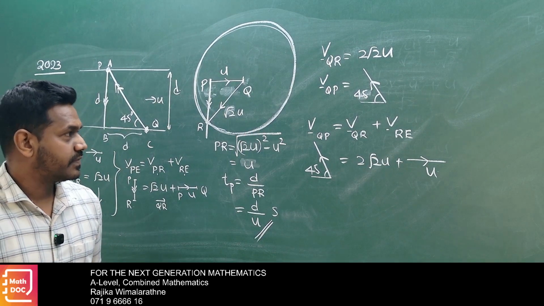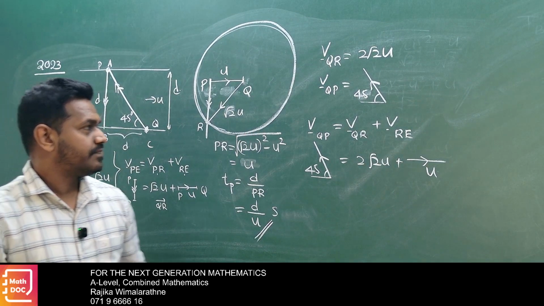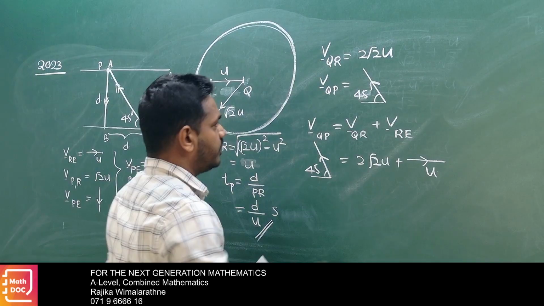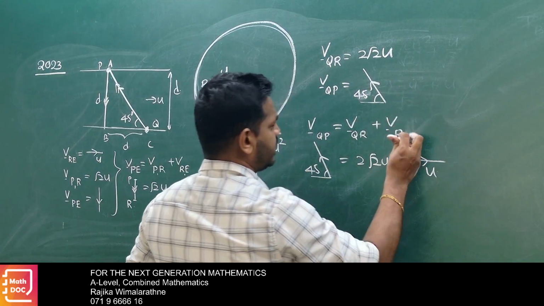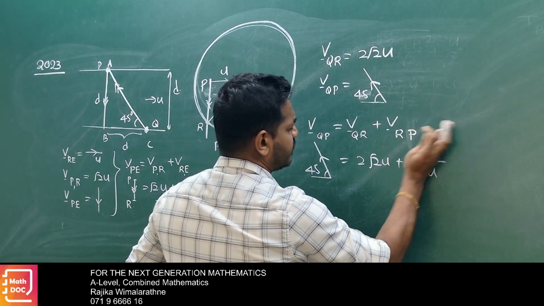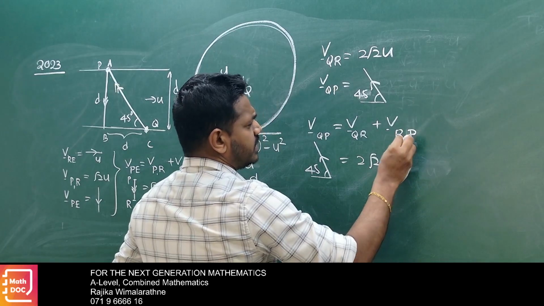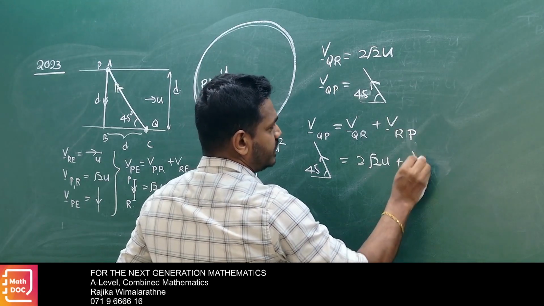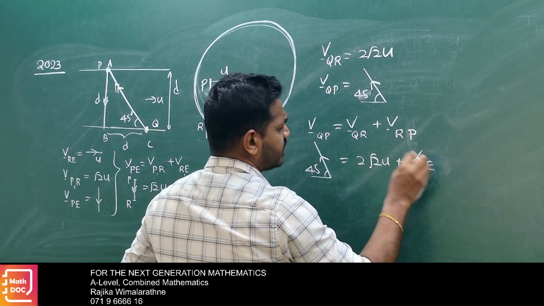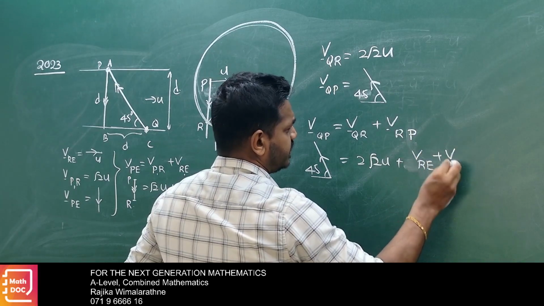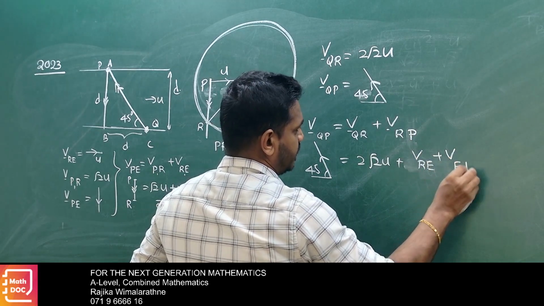Okay, now here Q, P, stop at P. This is wrong. Then VRP equals VRE plus VEP.